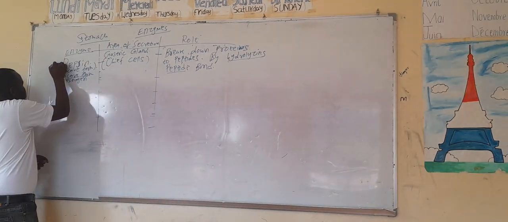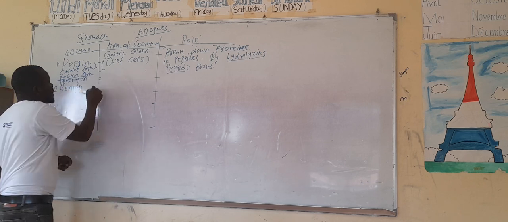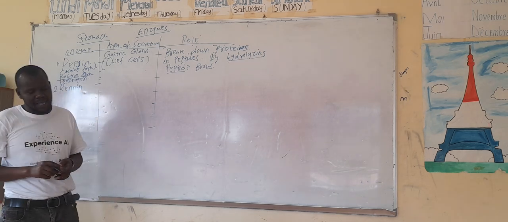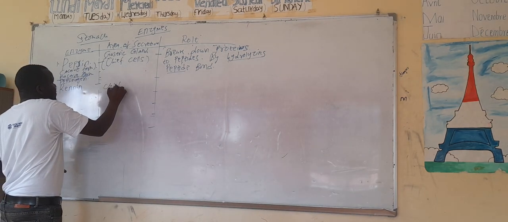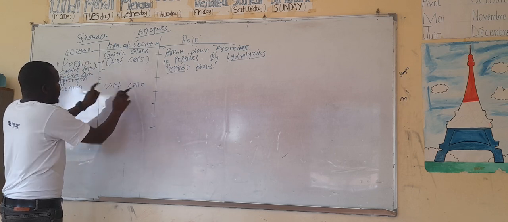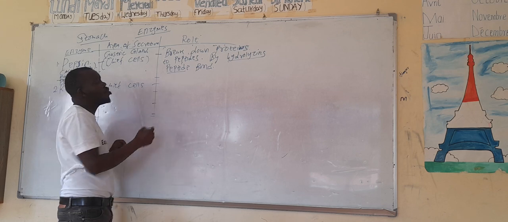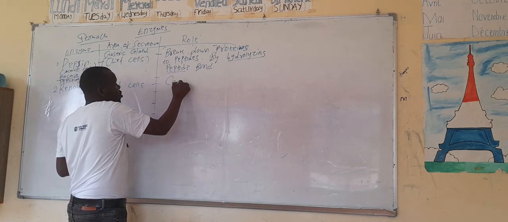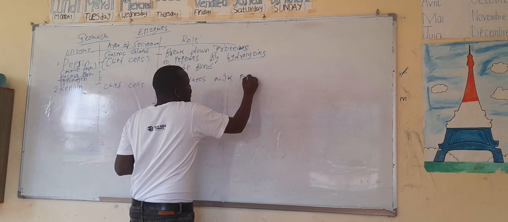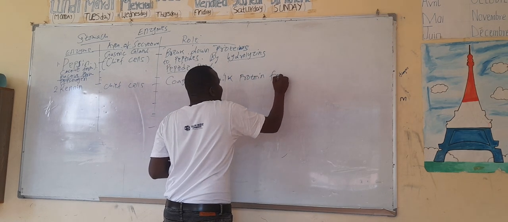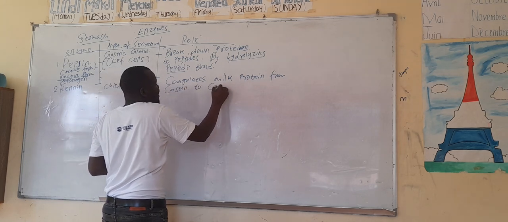Then we have number 2, renin. Renin is spelled with a double N. It is still produced by the chief cells. So the chief cells in the gastric gland secrete renin, and its role is to coagulate milk protein from casein to caseinogen.